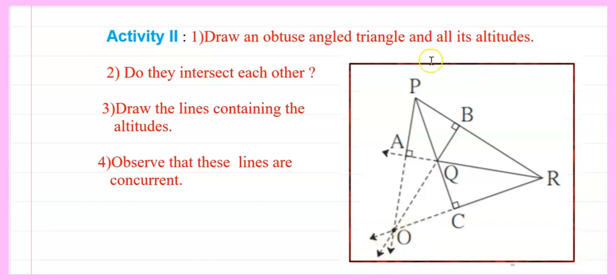And if you see this in this figure, as this altitude goes in forward direction, this is in the forward direction, this altitude is drawn also in the backward direction, and they meet at a point O, and this is the point of concurrence. Therefore, in case of the obtuse angle triangle, their point of concurrence is in the exterior of the triangle.